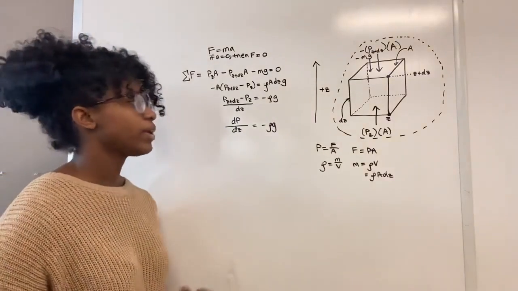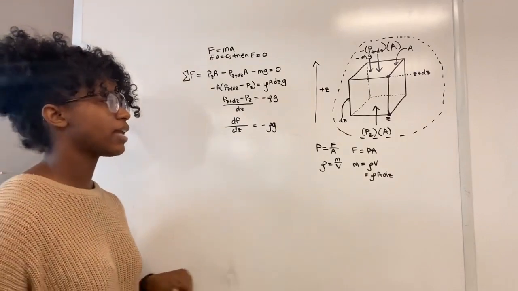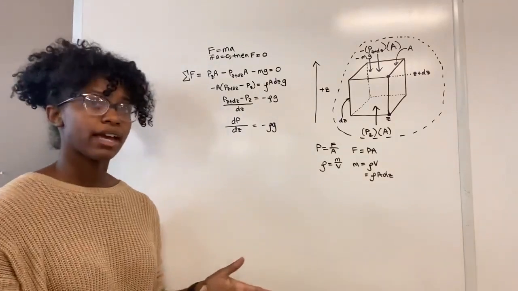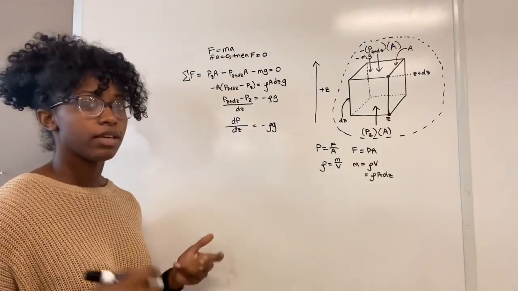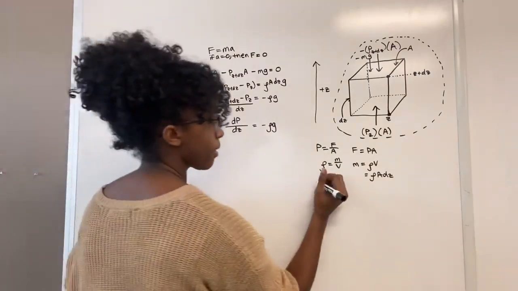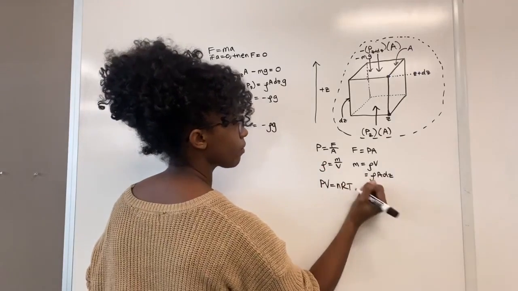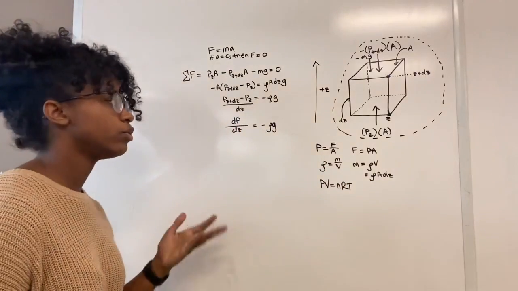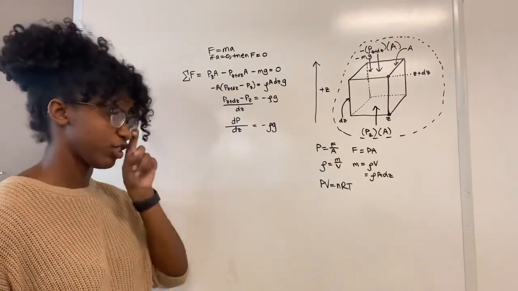And so now that we have this lovely differential equation, we can start to relate this back to the ideal gas law. And we know the ideal gas law to be PV is equal to nRT, where P is pressure, V is volume, n is number of moles, R is the ideal gas constant, and T is the temperature.